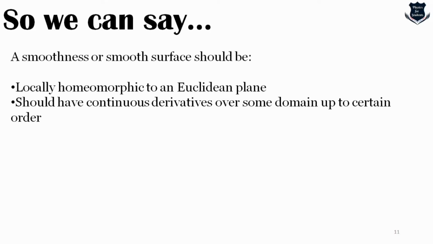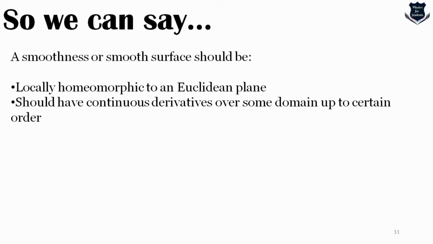So what we can say is that a smooth surface should be locally homeomorphic to a Euclidean plane. I think we just showed it, and it should have continuous derivatives over some domain, right? A function is infinitely differentiable at a point if its nth derivative exists at that point for any value of n.